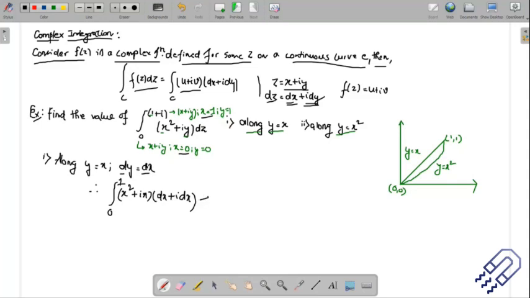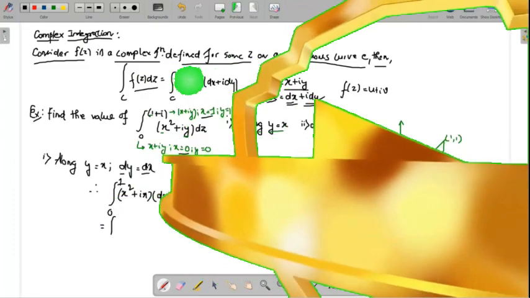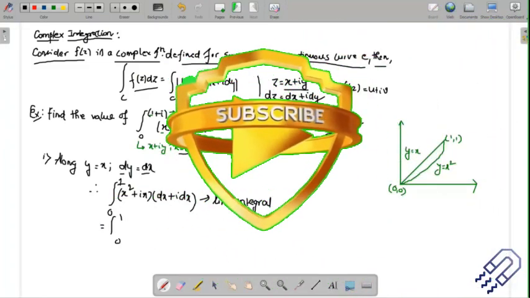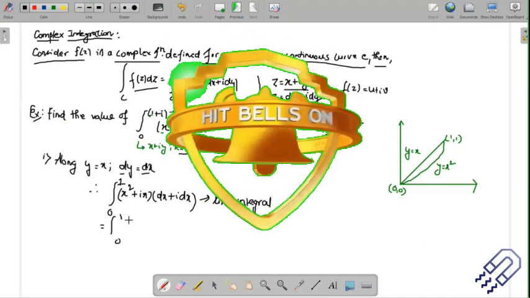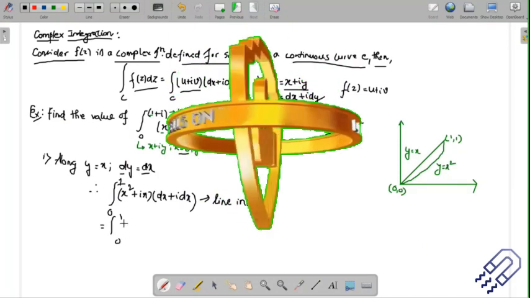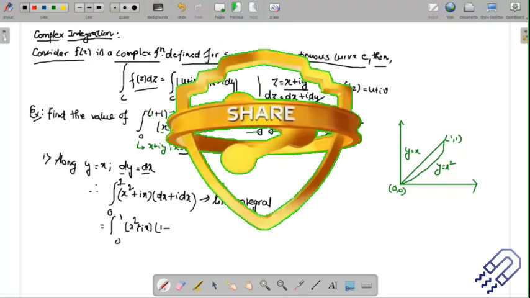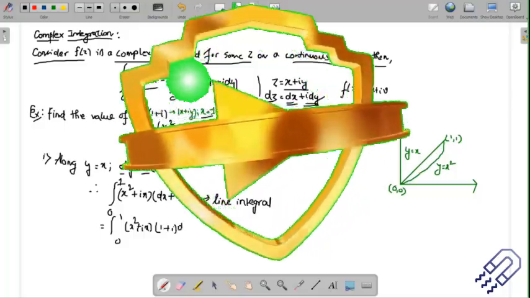So this is basically the line integral that we have. That's very important. So you can just put the limits and everything, and then maybe we can expand this. 0 to 1, x square plus ix, times 1 plus i, dx, right?